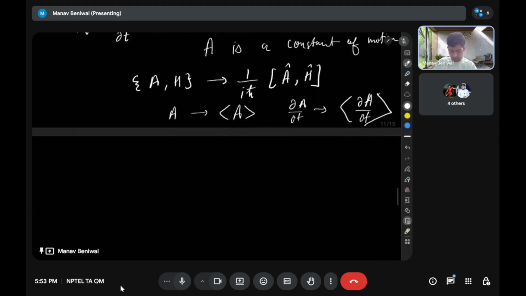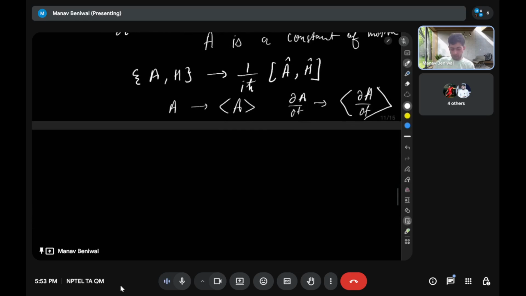Let's look at the force equation. If A is P, what do we get?